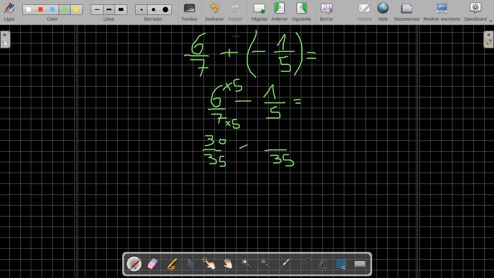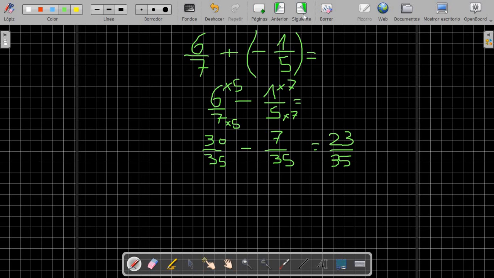Minus, remember that our addition became a subtraction. And 5 times 7 gives you 35, so I shall do the same with the 1. 1 times 7 is 7, and 30 minus 7 is 23. 23/35. That is the answer.